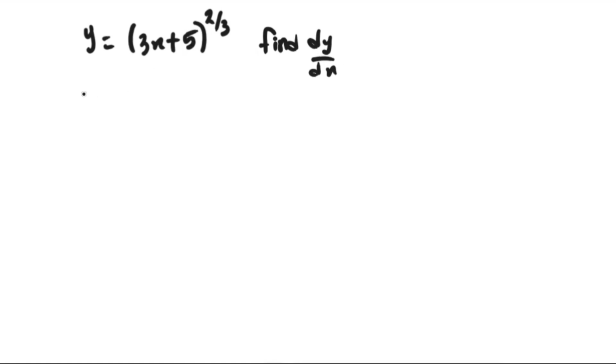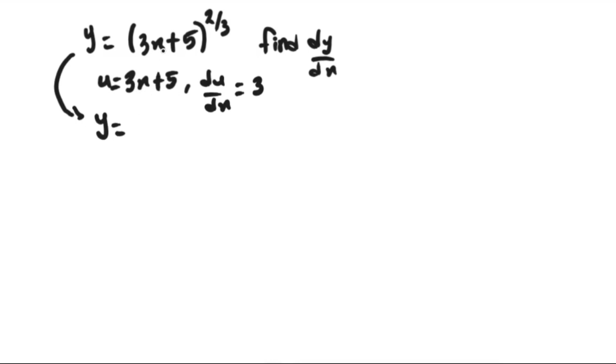So we use the same approach. We'll say let u be equal to 3x plus 5. du/dx will give us 3. When you differentiate 3x plus 5, you're going to get 3. So y will now give us, since 3x plus 5 is now u, u raised to the power of 2 over 3.